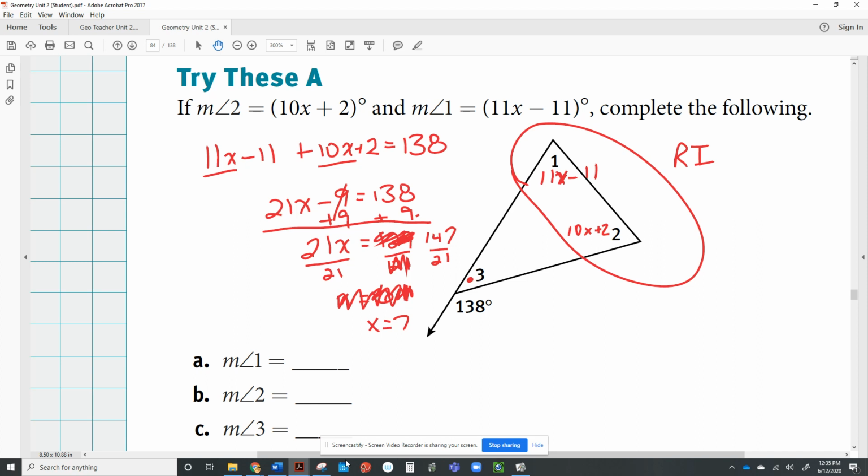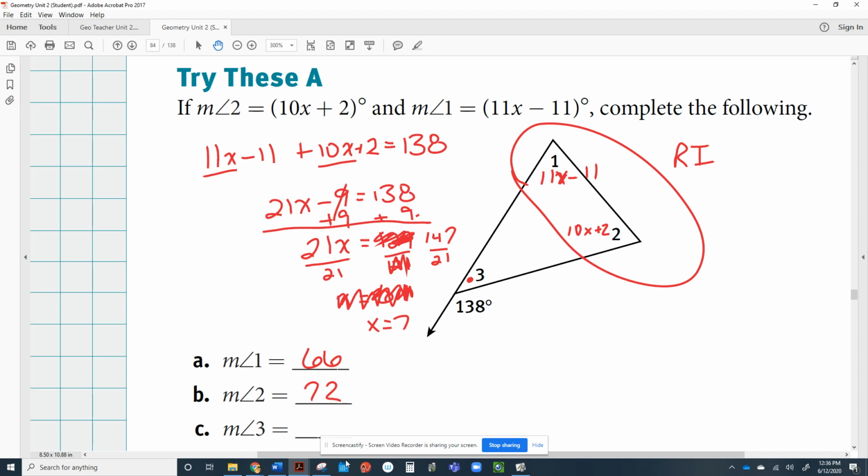And since x is 7, they want us to find the measure of the 3 angles. So 11 times 7 is 77. 77 minus 11 is 66. So 66 is the measure of angle 1. 10 times 7 is 70. 70 plus 2 is 72.